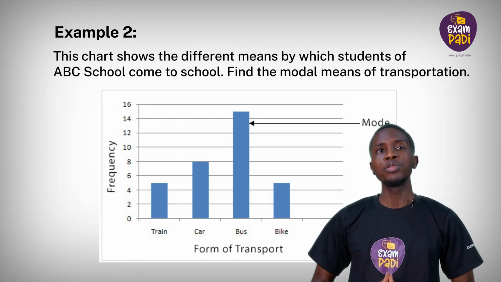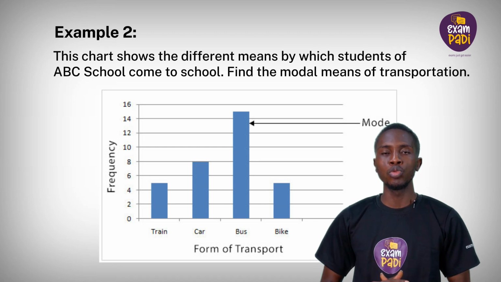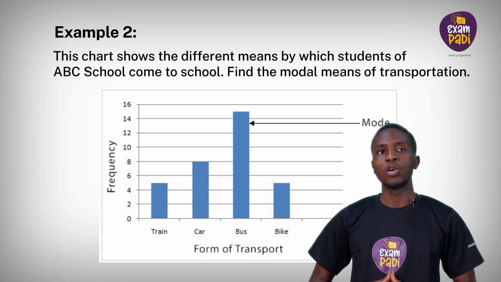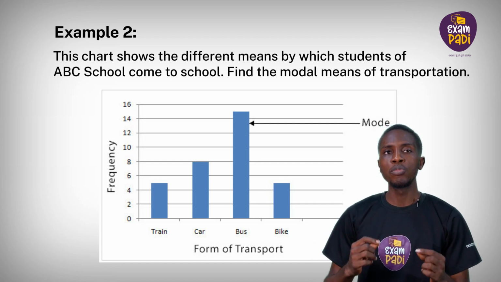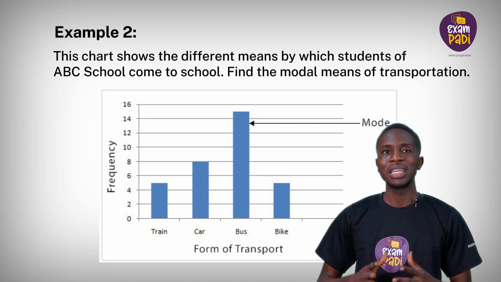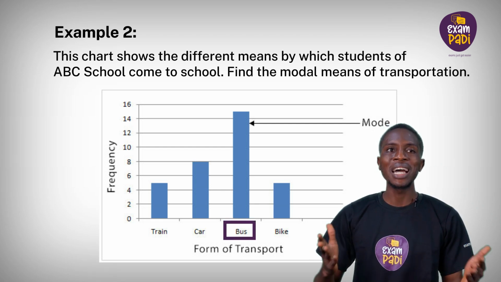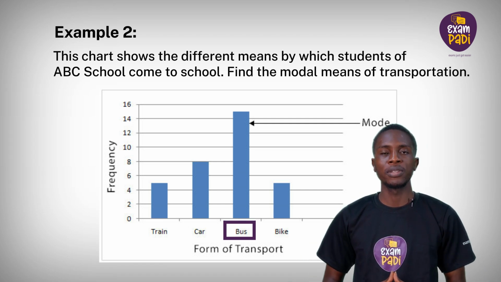This chart shows the different means by which students of ABC school come to school. Find the modal means of transportation. It is clear from this chart that the most common form of transport in this particular data set is the bus, because it has the highest frequency, or it occurs the most.